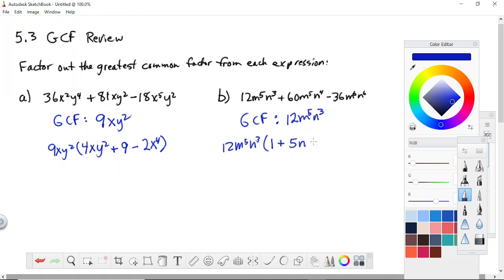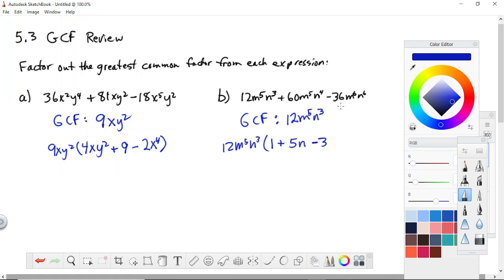So last one. Okay, we're taking this divided by this. Negative 36 divided by 12, the number part, that's negative 3. And then we just have to look at m and n.